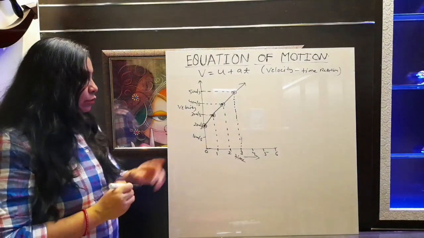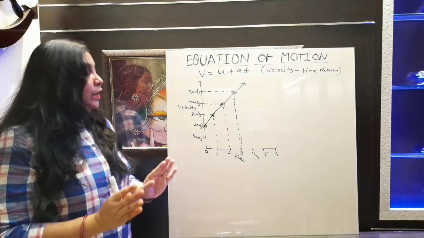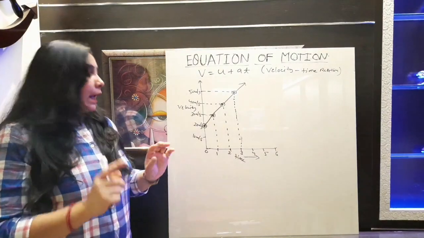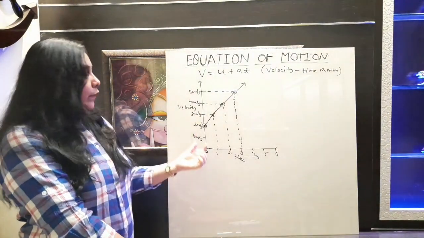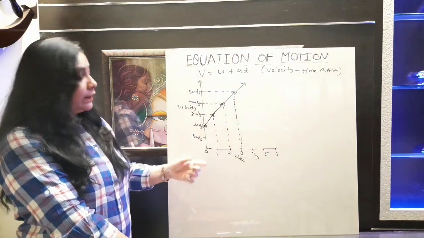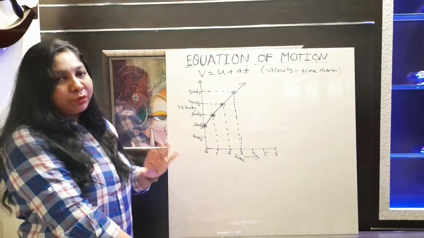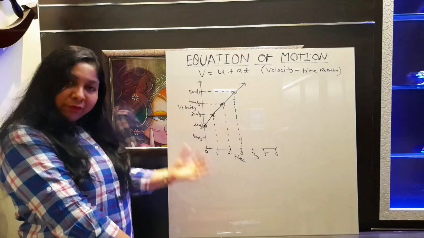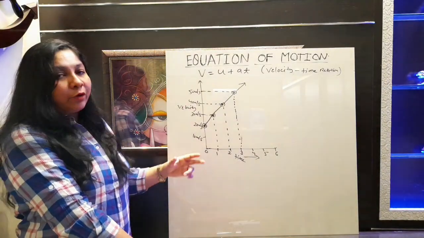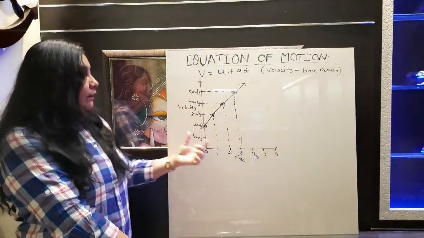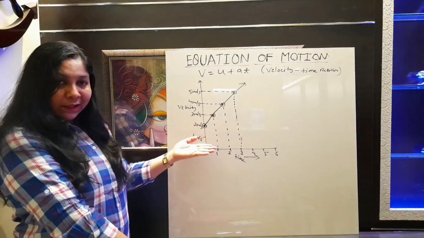Got it? So this is the slope that you will get when you started your observation while the body was already moving with some speed, not at 0 meter per second, not at rest. Then you can get this kind of slope which I am getting here, right?